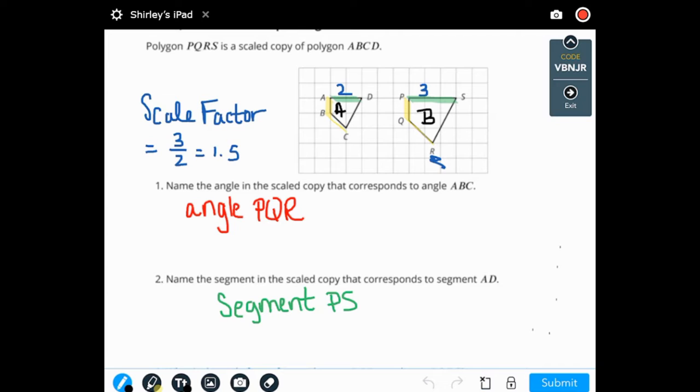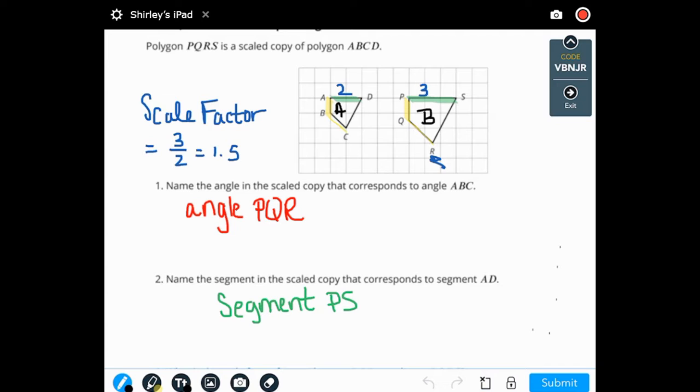Okay, so you can only see questions number 1 and question number 2 here. You need to figure out a corresponding angle and a corresponding segment. I also want you to try and find the scale factor. So what is the scale factor from the small shape to the large shape? So answer question 1, answer question 2.